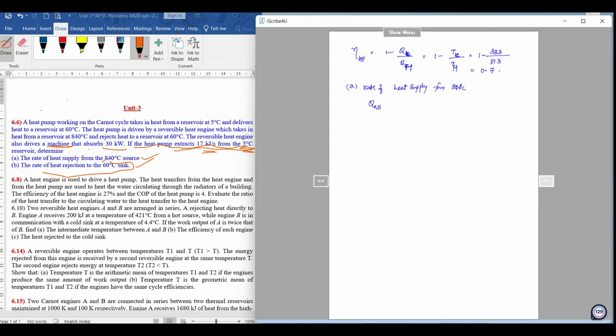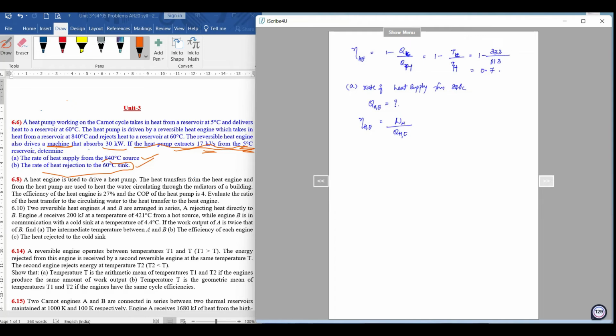Right, so how much is this? So efficiency formula I can also write, heat engine efficiency equal to net work output by heat supplied. Okay, because we know these values already now.